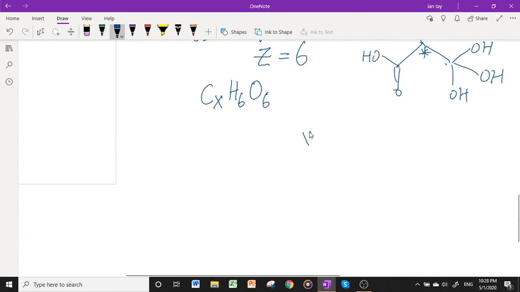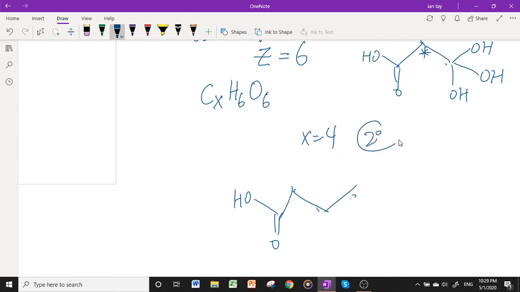Let us try x equals 4. So in this case, x equals 4 corresponds to 2 degrees of unsaturation, right? So we can give two carboxylic acid groups for the 2 degrees of unsaturation. 2, 3, 4, that's 4 oxygen atoms, 2 more left, because remember there is no carbonyl group, so we just assign them as alcohols. Okay, so does this fulfill the criteria?